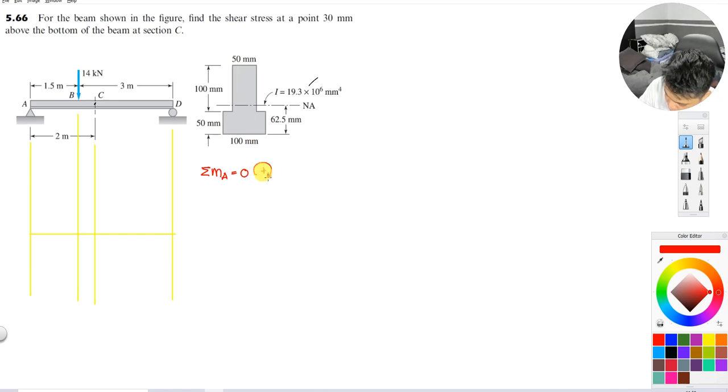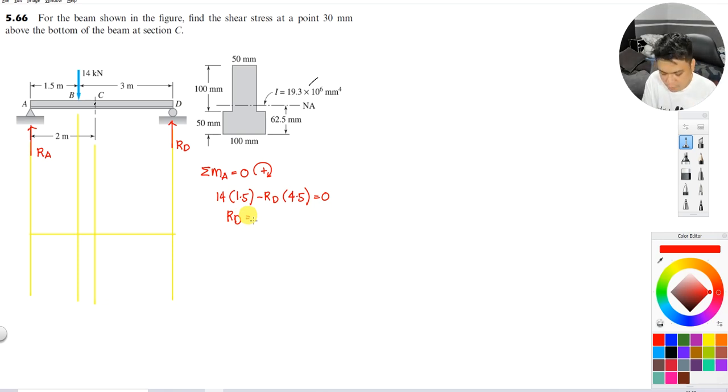So we have 14 times 1.5, and this one would be your RD and this would become your RA. So minus RD multiplied by 4.5 equals 0. So RD equals 14 times 1.5 divided by 4.5.